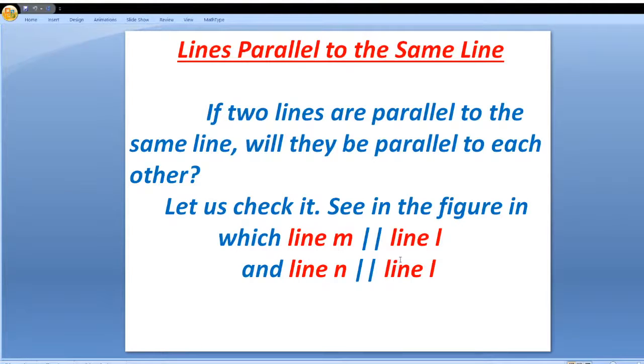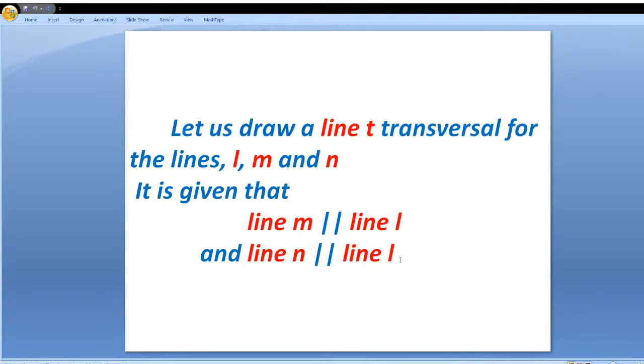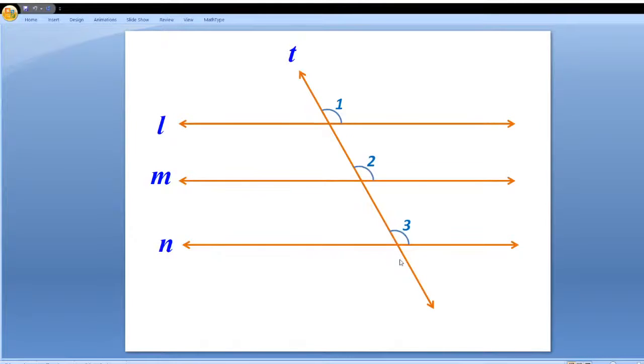See in the given figure that M and L both lines are parallel, N and L both lines are parallel, and let us draw a transversal T for that. See this figure.